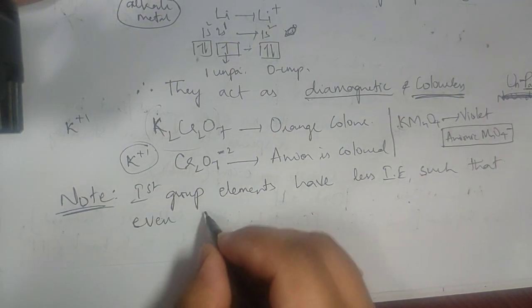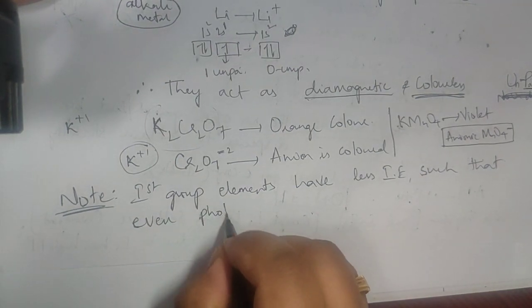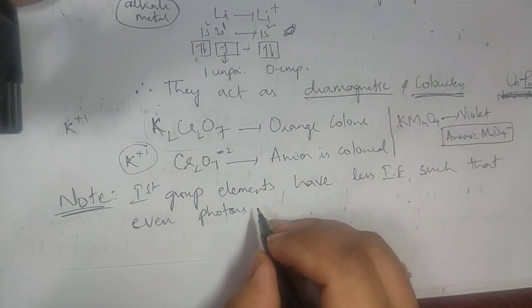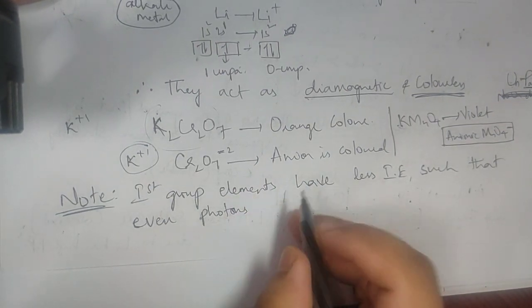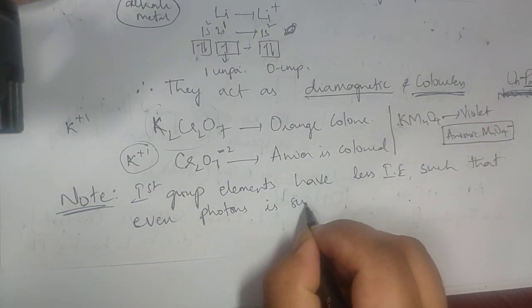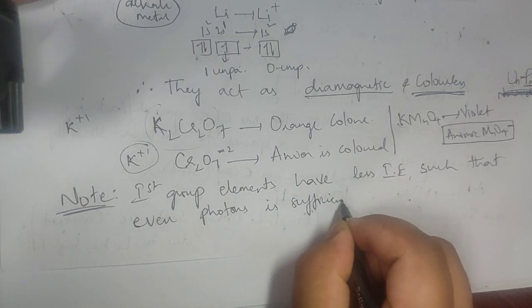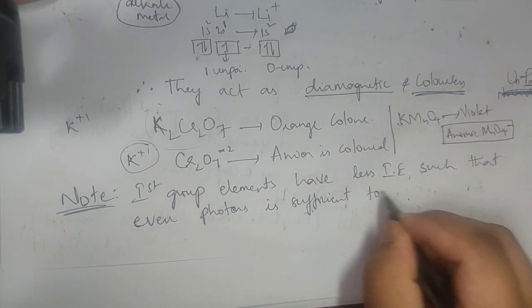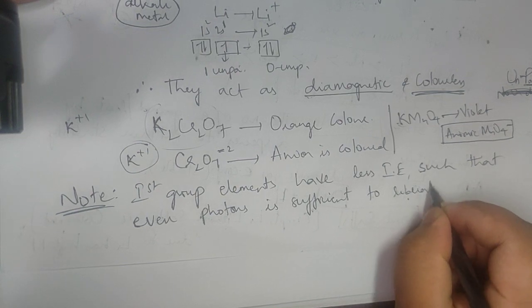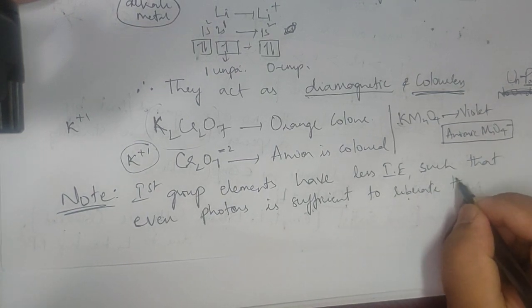such that even photons, which is nothing but normal visible light, are sufficient to liberate the valence electrons.